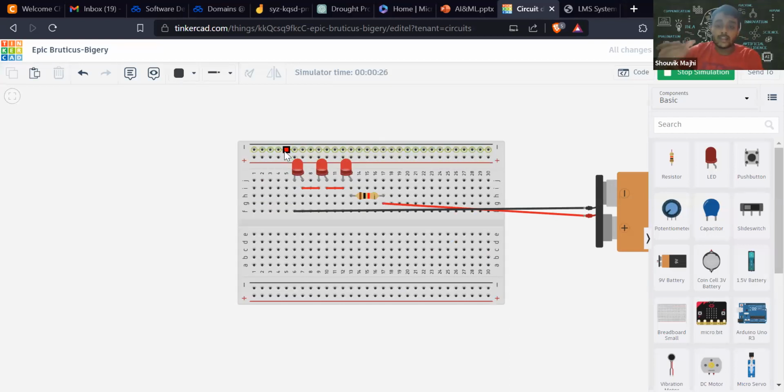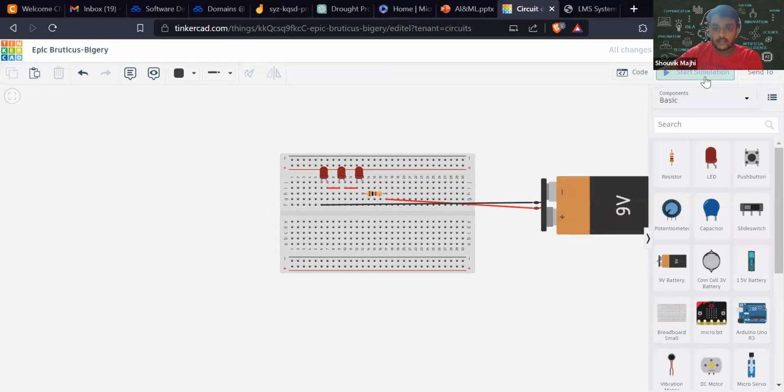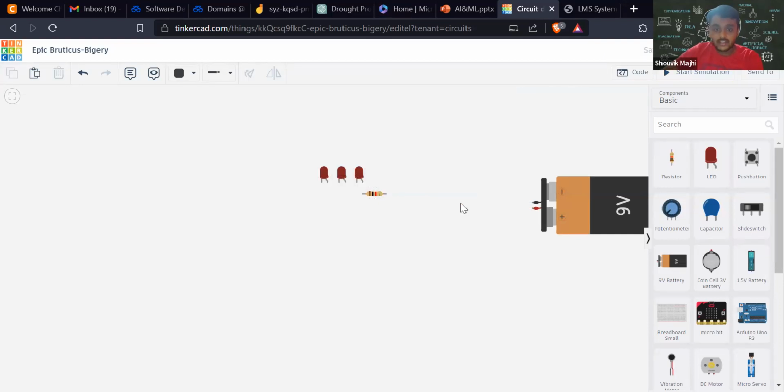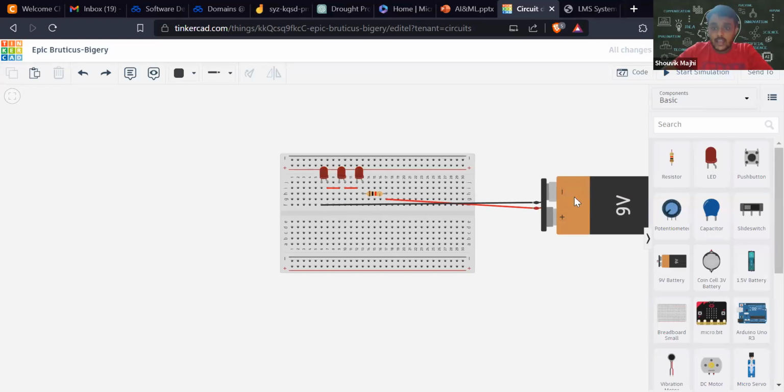So in series, the current gets divided like this. This is the condition of the series connection of the LEDs.